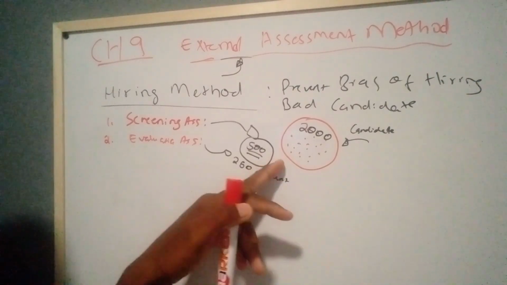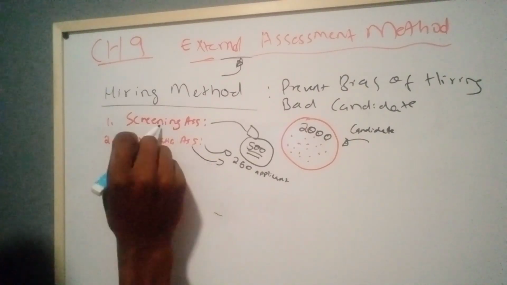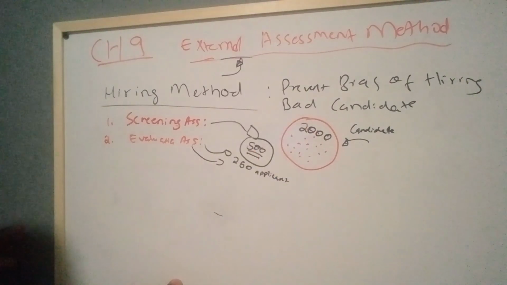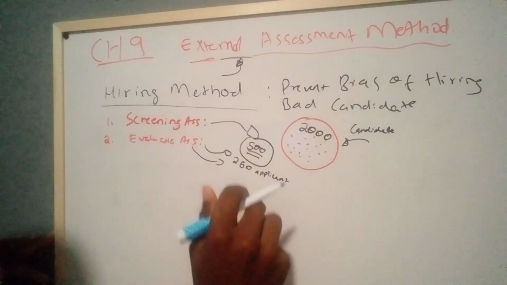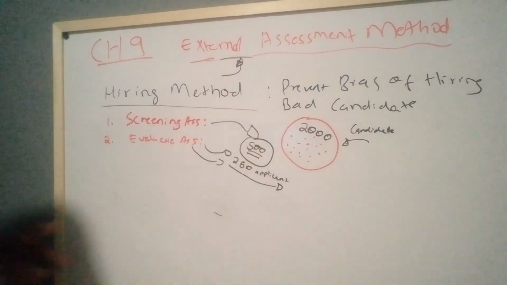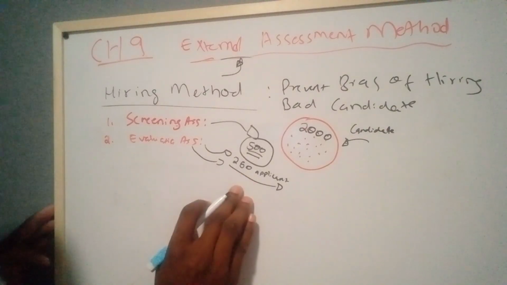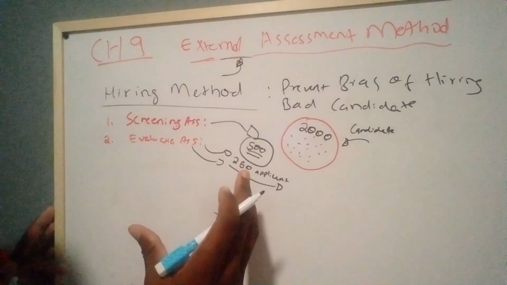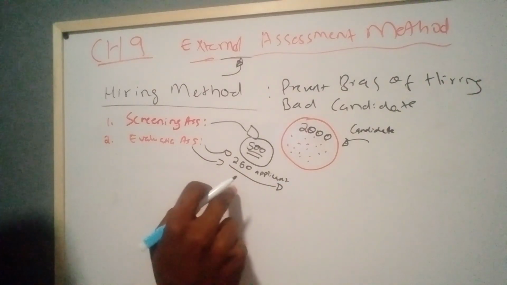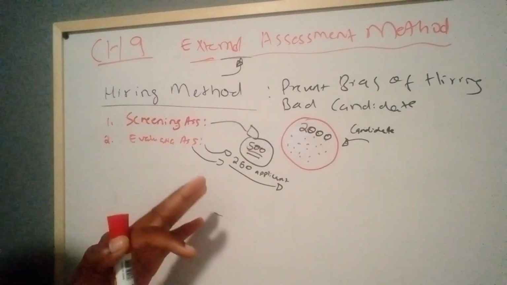They do the same thing they did in the screening method, but here they take the number that they see are exactly qualified for the organization, and they are going to interview all 250 applicants. Maybe it is a big organization.